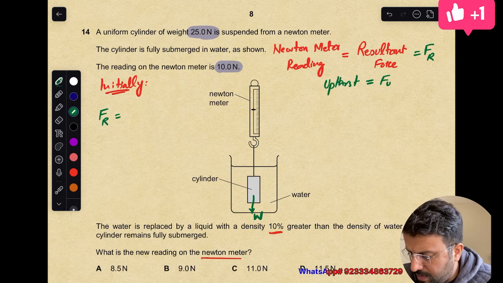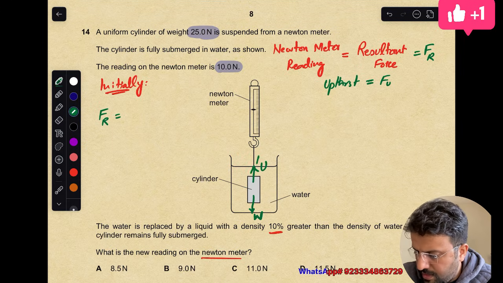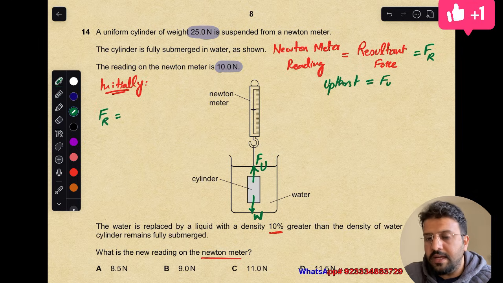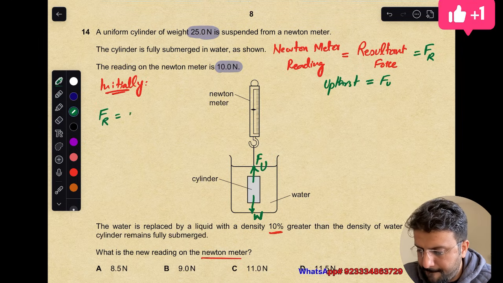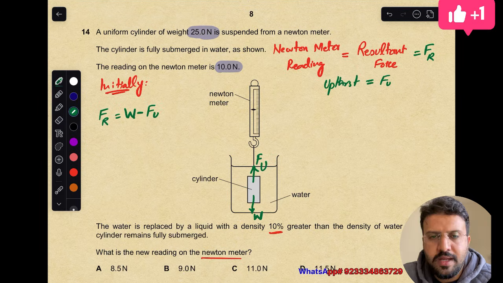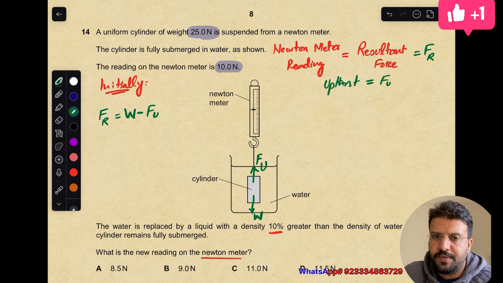What are the forces acting on this? The weight is acting downward. Because it is in the water, the upthrust will act upwards. So the Newton meter reading is weight minus FU. Both forces act in opposite directions, and weight is greater than the upthrust, right? That is the reason it is submerged in the liquid and not floating on it.